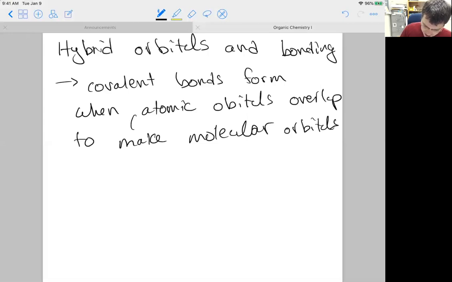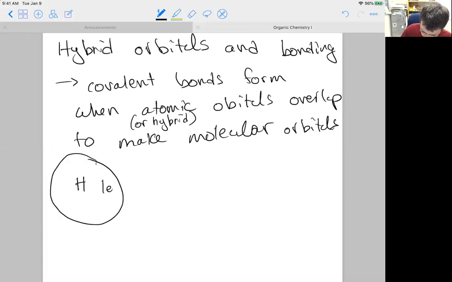What we want to do is just add a caveat. So when atomic orbitals or hybrid orbitals overlap to make molecular orbitals. So it could be atomic and or hybrid orbitals. So for example, we had hydrogen. We've done this before, and it has 1 electron, and that 1 electron's in a sphere around that hydrogen.